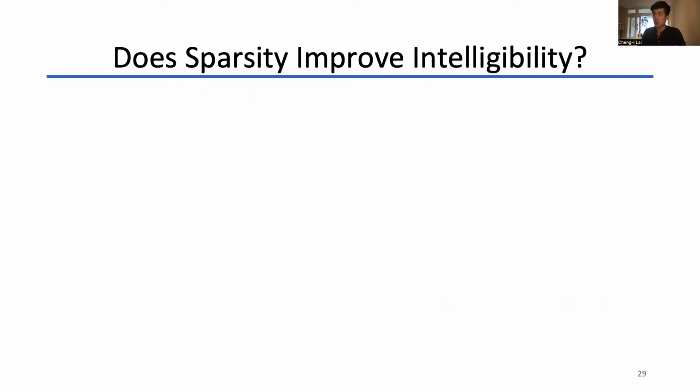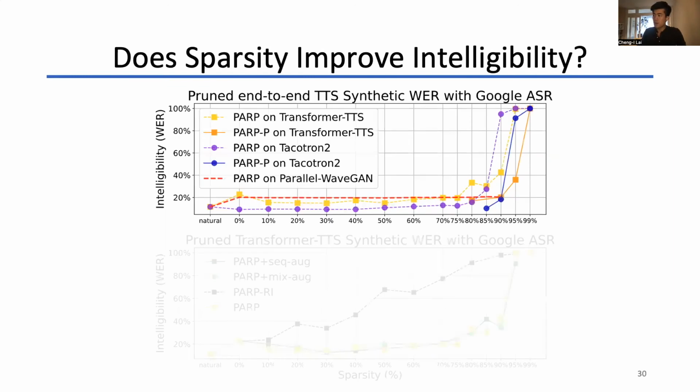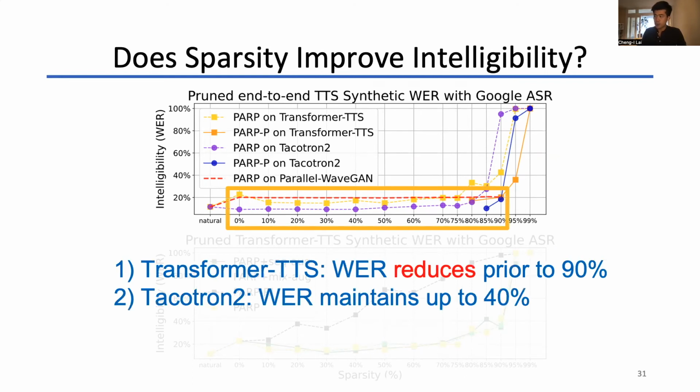The second question we look into is, how does sparsity affect intelligibility? The top plot here is plotting synthetic speech word error rate over sparsity values. The first observation is that for Transformer TTS, the synthetic speech word error rate actually reduces prior to 90% sparsity compared to the unpruned Transformer TTS.